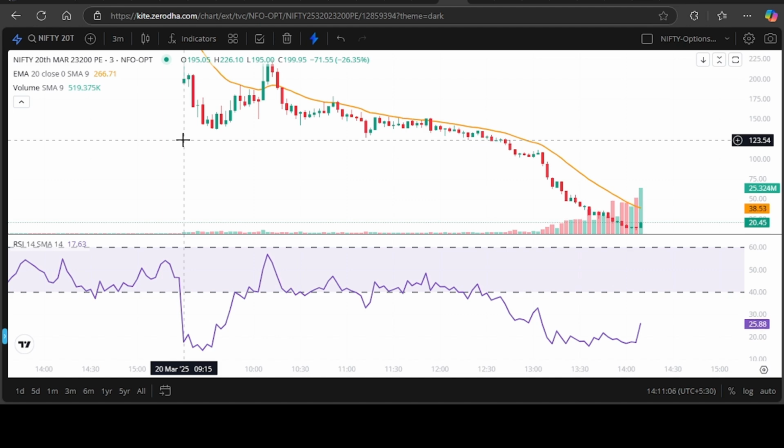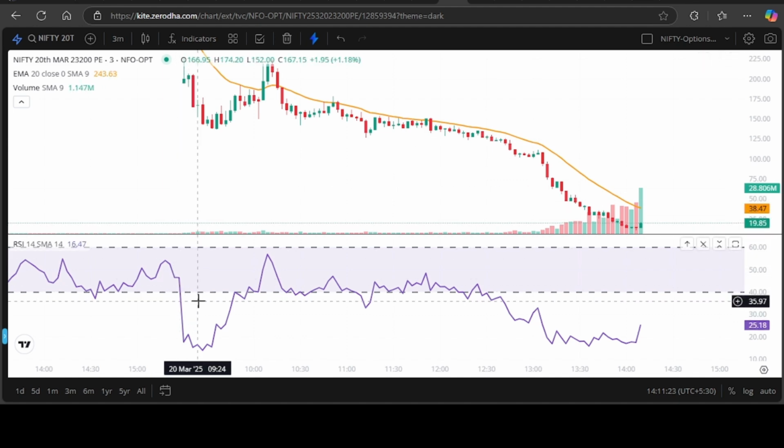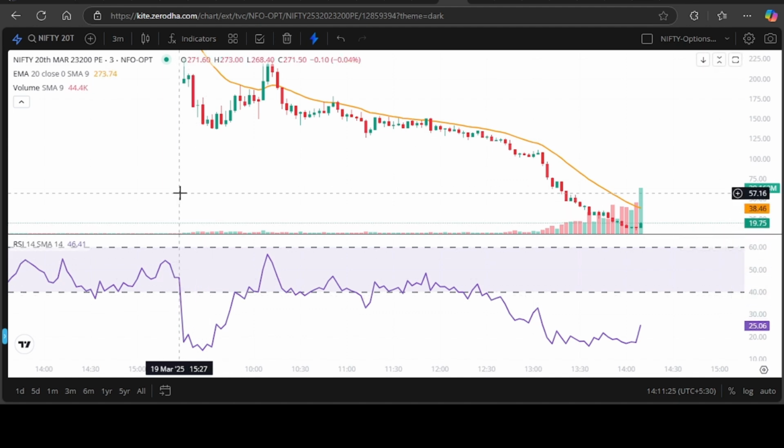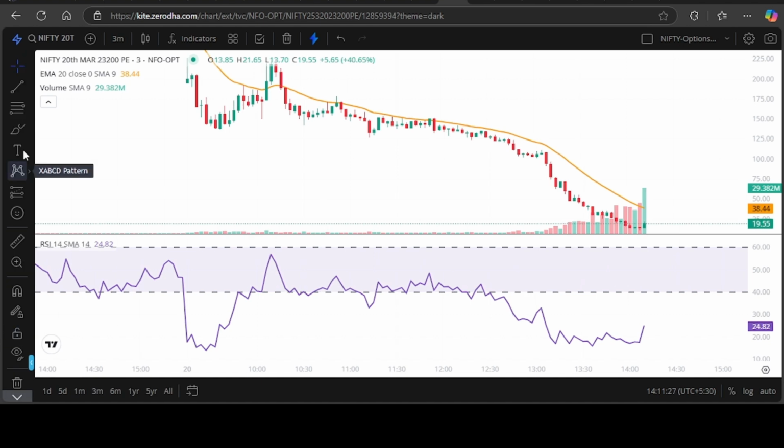So coming back to this chart, we are again talking about the RSI support and resistance strategy to trade Nifty options on an expiry day, that is Thursday, that is today. Here, I'll directly take you to the main section of the video, that is how to detect whether you want to take that support or you want to trade the resistance.